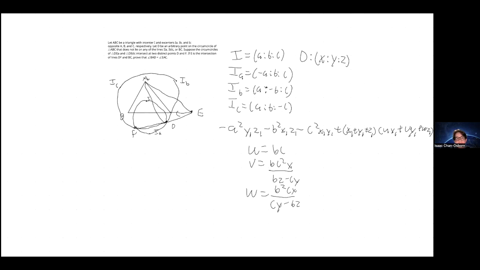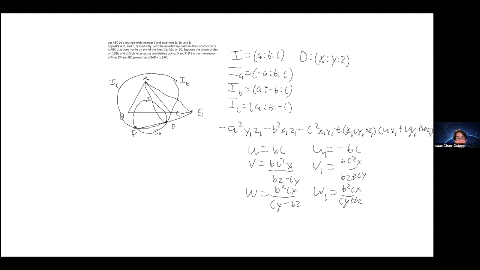If we use this formula again for circle D, I_B, I_C, we can find similarly that the coefficients are u1 equals negative bc, v1 is bc squared x over (bz plus cy), and w1 equals b squared c x over (cy plus bz).